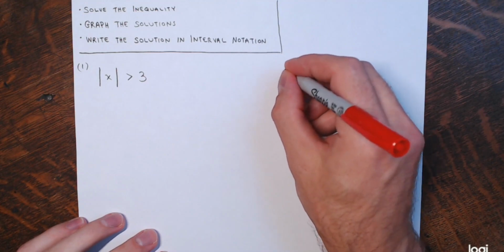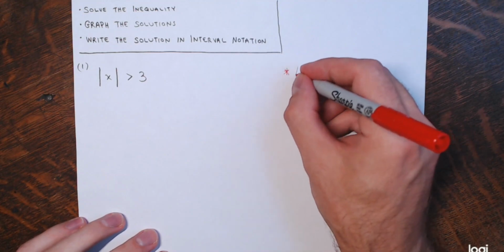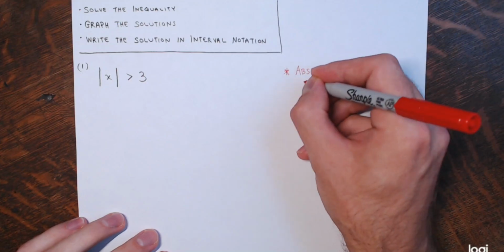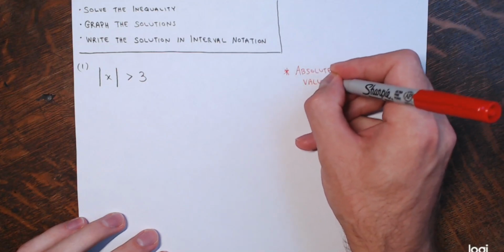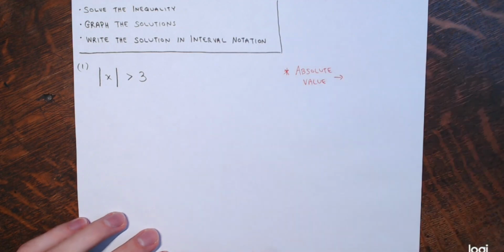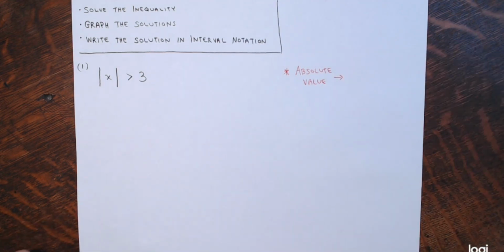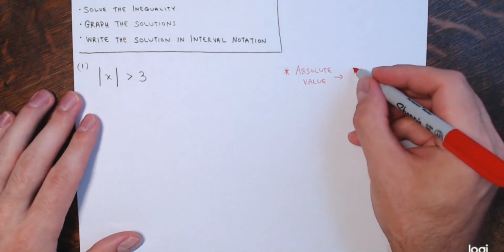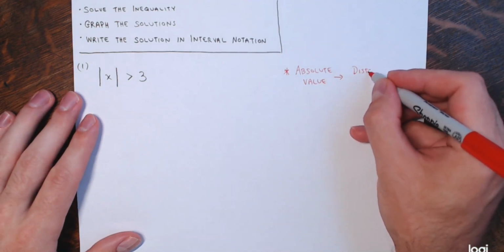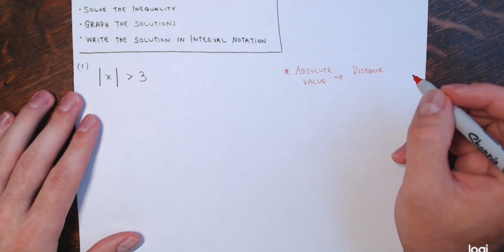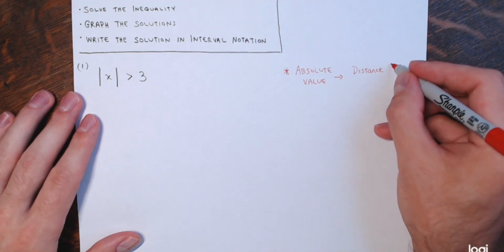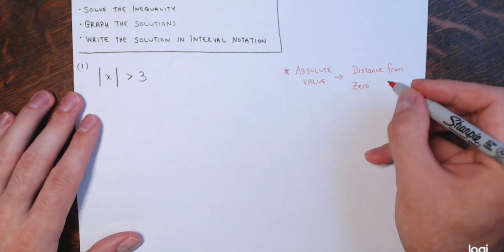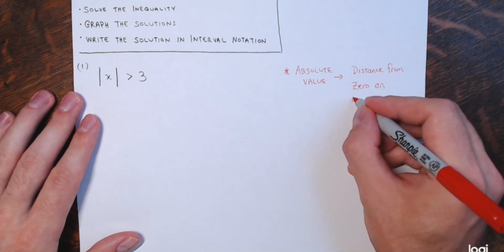Okay, so the absolute value. Right, the absolute value of a number. One way it can be interpreted is the distance of that number from 0 on the number line. Right, distance from 0 on the number line.